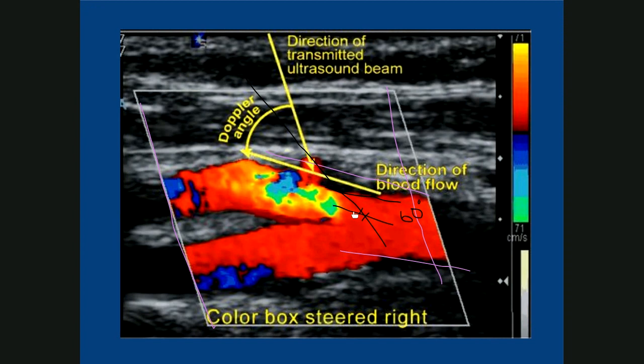This is what we need to make 60, and we need to line it up with the vessel wall. This does not line up with the vessel wall. We can just open it or close it, increasing or decreasing the range of velocities that we plot on our Doppler spectrum.